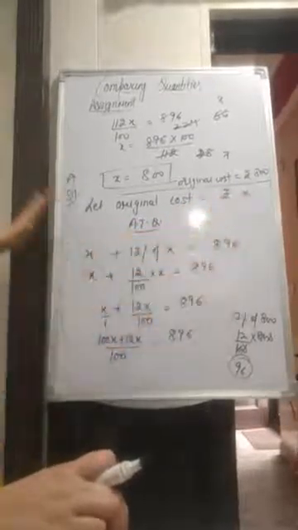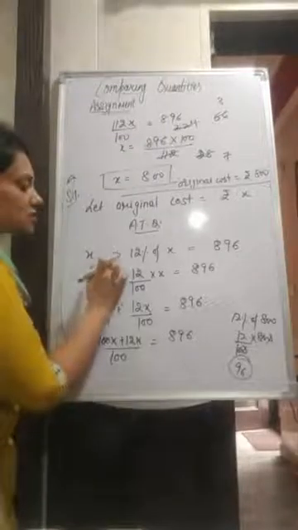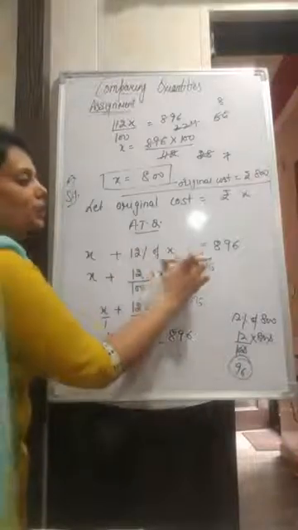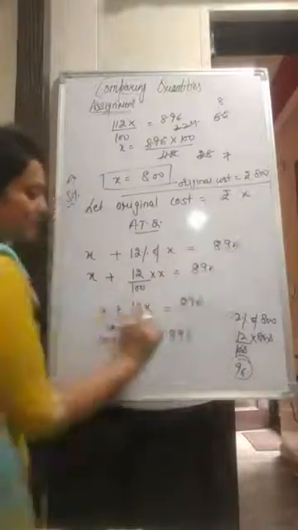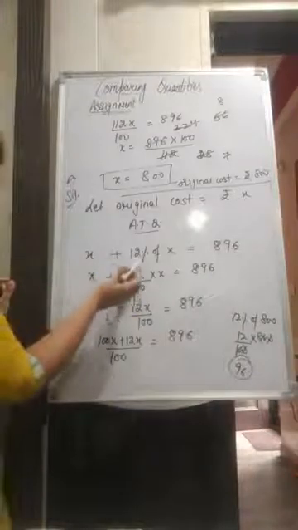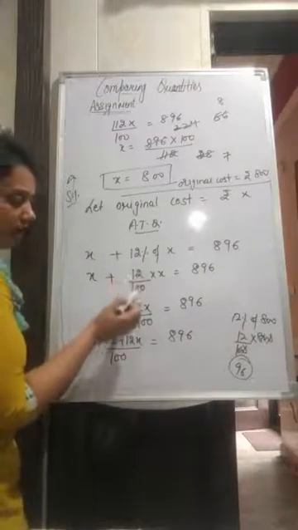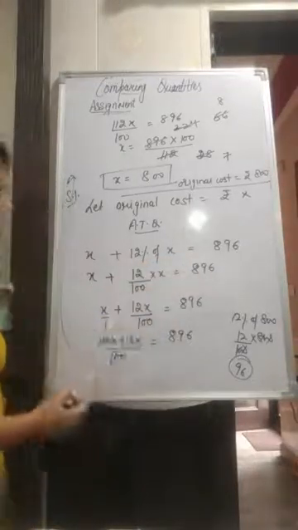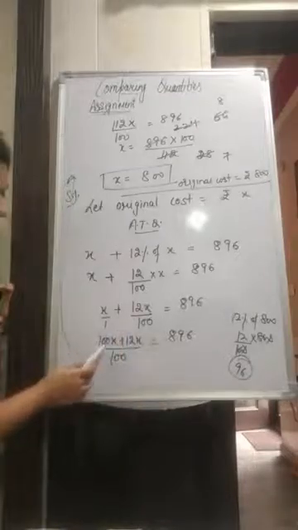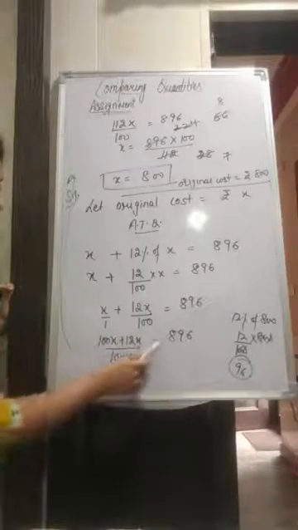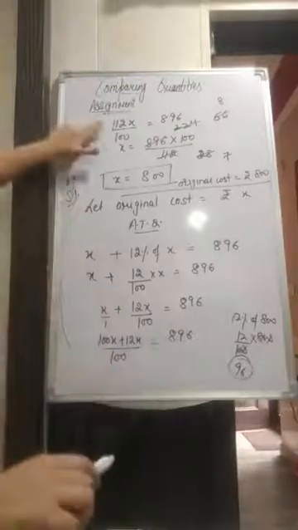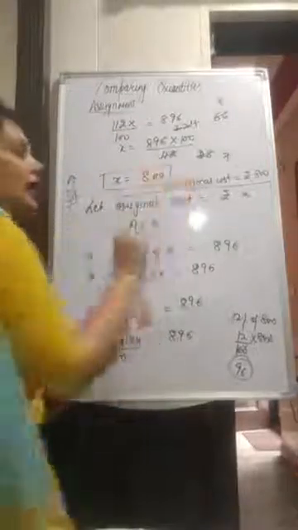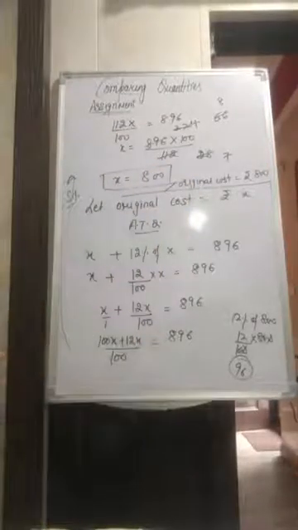This is the method: original cost plus the increase percent on that original cost, we add it up and the total now becomes 896. x plus 12 over 100 multiplied by x is equal to 896. Then we took the LCM, we get 100x plus 12x over 100 is equal to 896. 112x over 100 is equal to 896, and after solving we get the original cost as rupees 800, right?